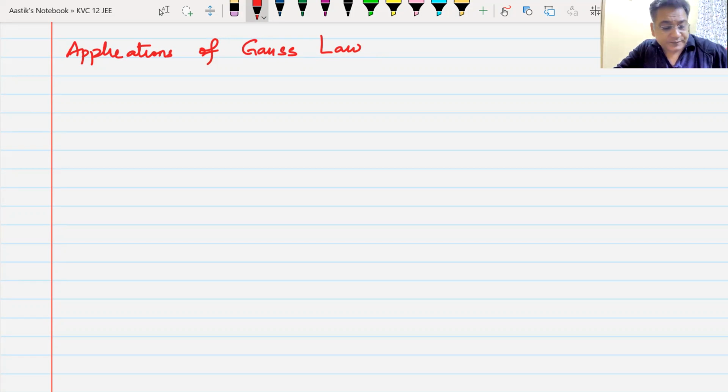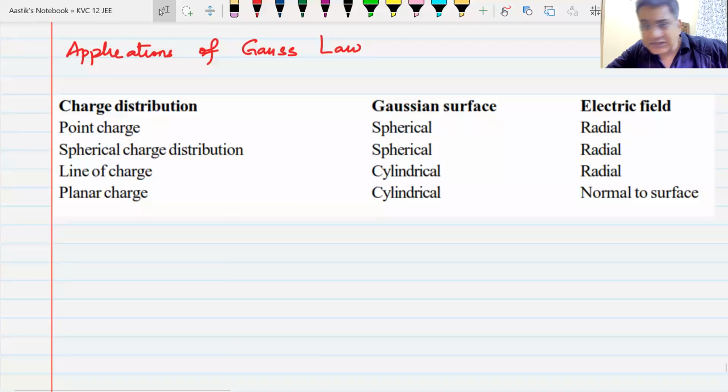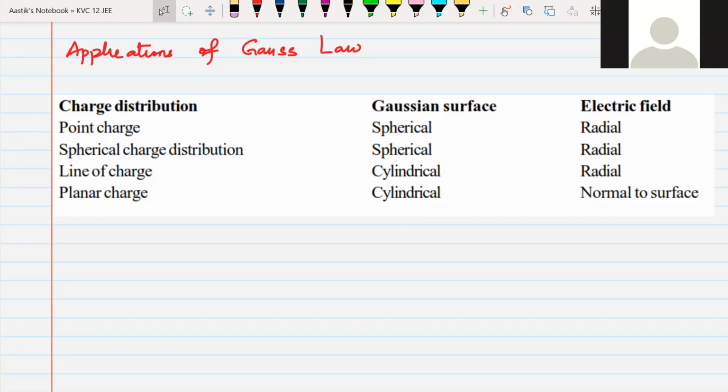It could be a point charge, a spherical charge, an infinite line charge, and an infinite planar charge. If you have these types of charge distribution, we can use Gauss law to calculate the electric field because of the symmetry of the diagram. Do we understand this? Yes or no?